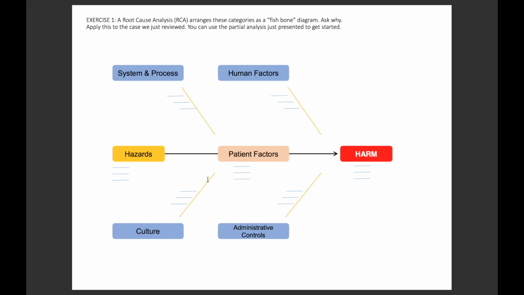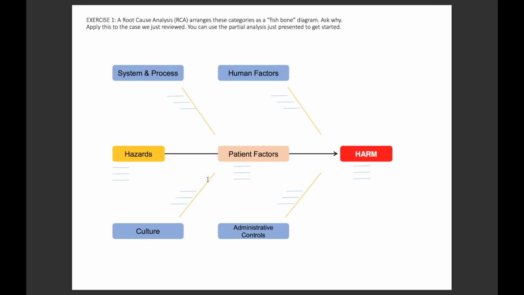You see this looks like a fish with harm in red on the right, and those 6 factors that we raised before as boxes here with little lines underneath them. We use this as a process to understand root cause: why did harm occur, and what are the contributing factors to root cause.